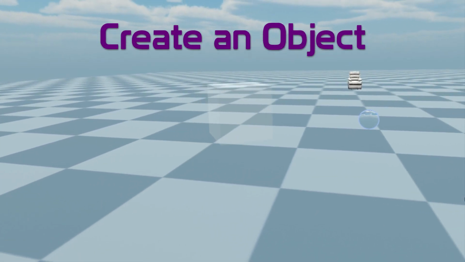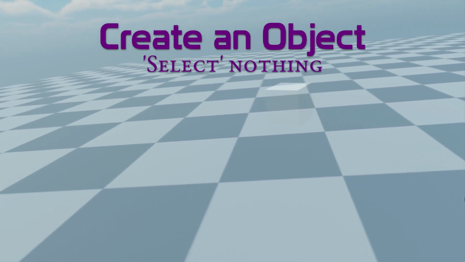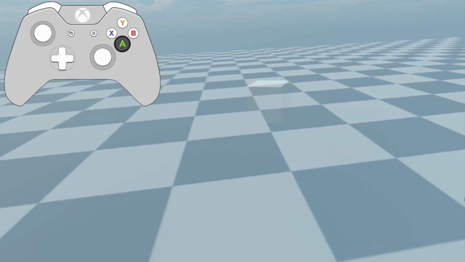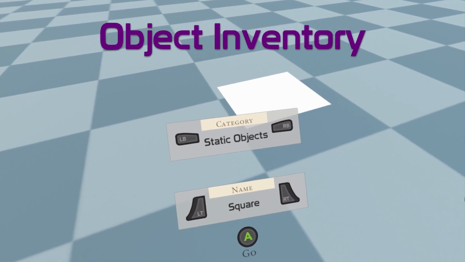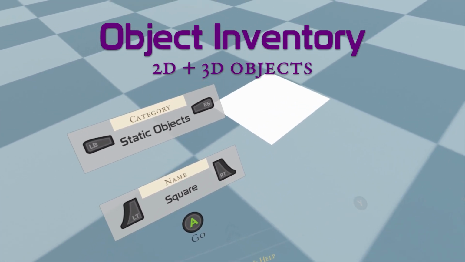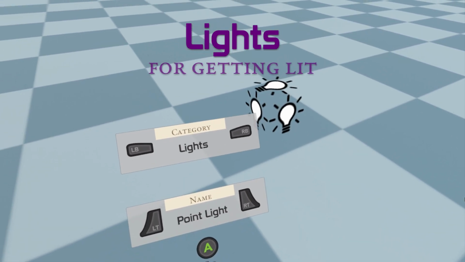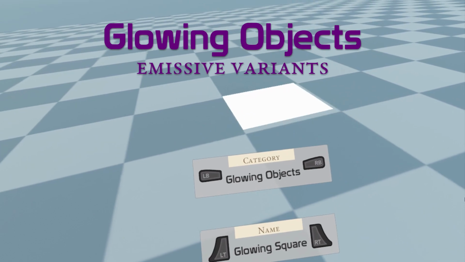So now, if I want to create an object, all I have to do is select nothing in space here, so I can just press the A button. Now I've got a couple of categories of objects. I can do static objects that just sit still, lights, or glowing objects.